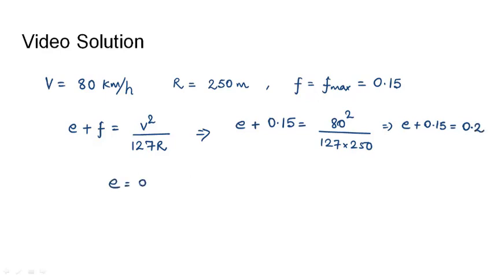This would provide us with E as 0.05. This is our super elevation value.